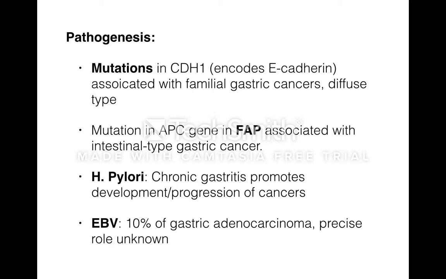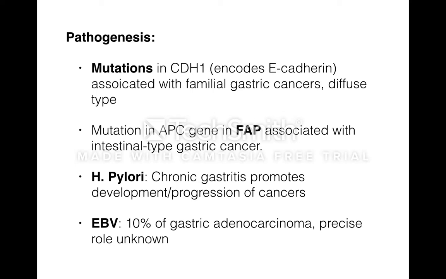This mutation is associated with intestinal type gastric cancers. And in the case of sporadic intestinal type cancers, you can also get acquired mutations in beta-catenin, as well as microsatellite instability and hypermethylation of genes. TP53 mutations are typically present in both types as well.